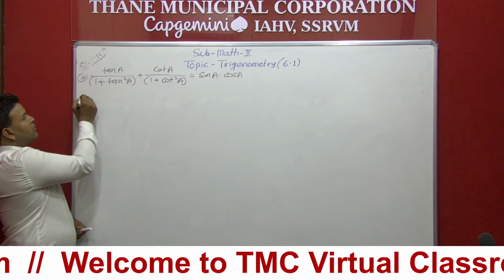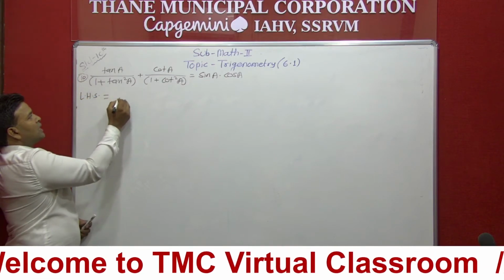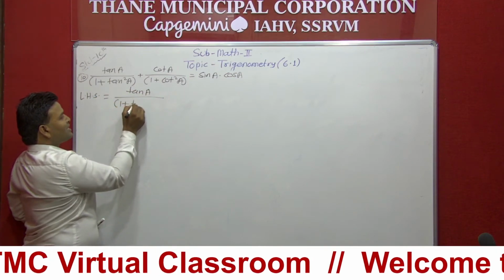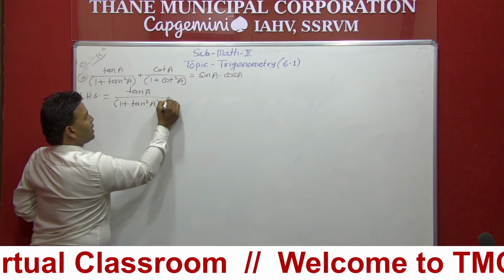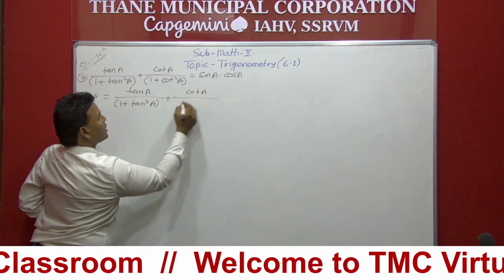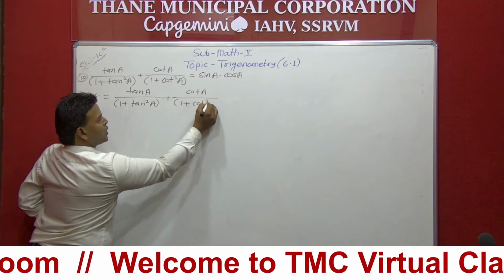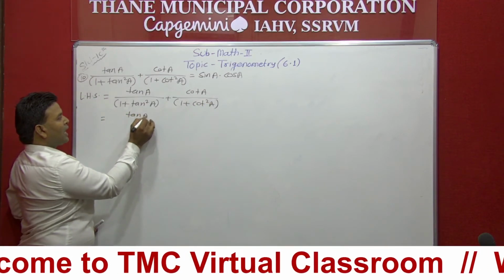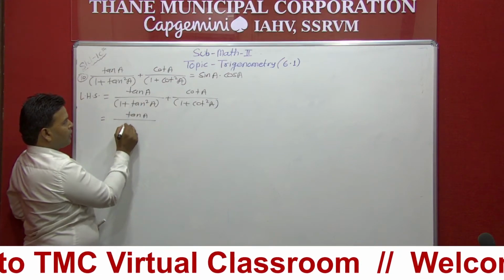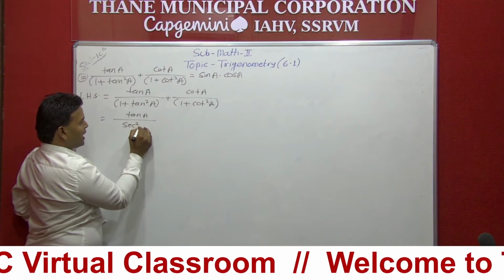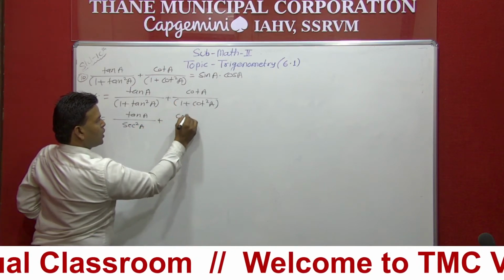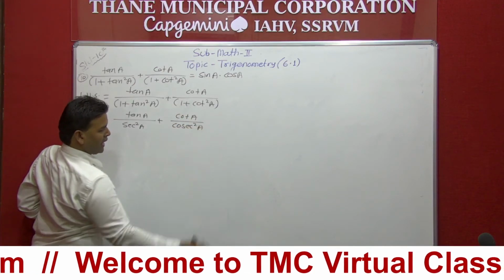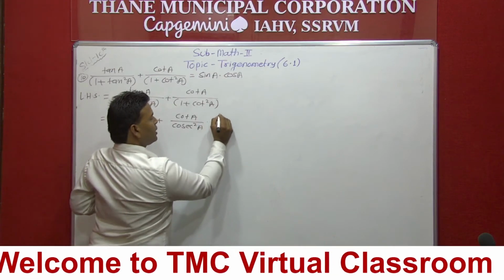So here in the solution, first we will write down LHS: tan A upon 1 plus tan square A plus cot A upon 1 plus cot square A. And the next step is tan A upon sec square A plus cot A upon cosec square A. Here we have to write down the formula for both.